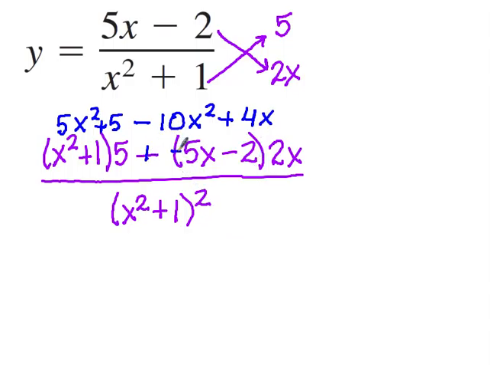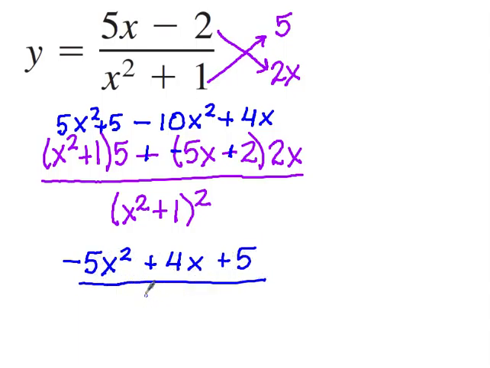Because each of those signs changes with that negative sign. So really my final answer will be negative 5x squared plus 4x plus 5, all divided by x squared plus 1 quantity squared.